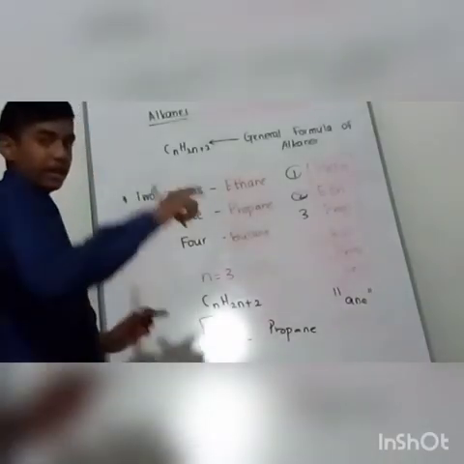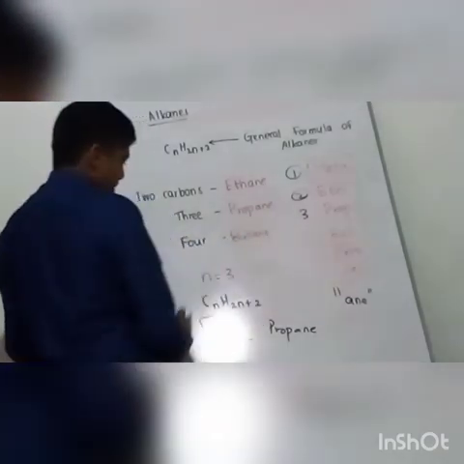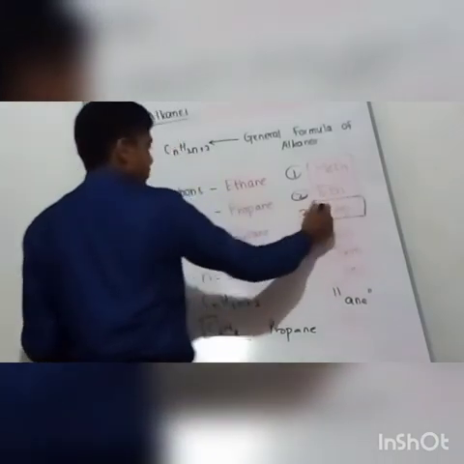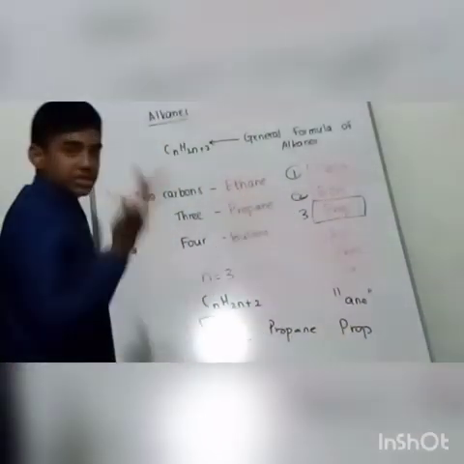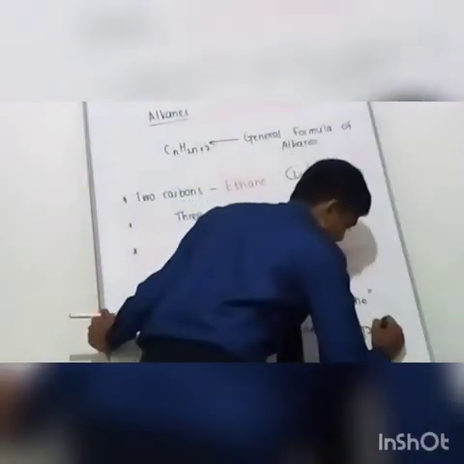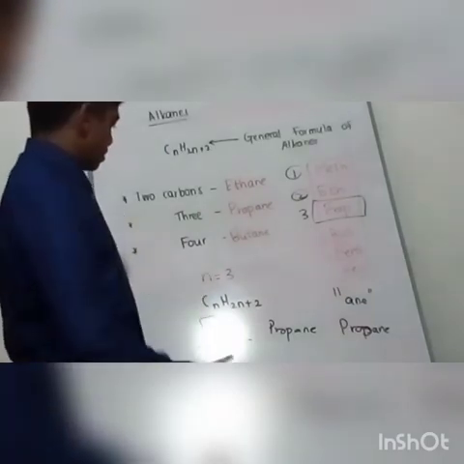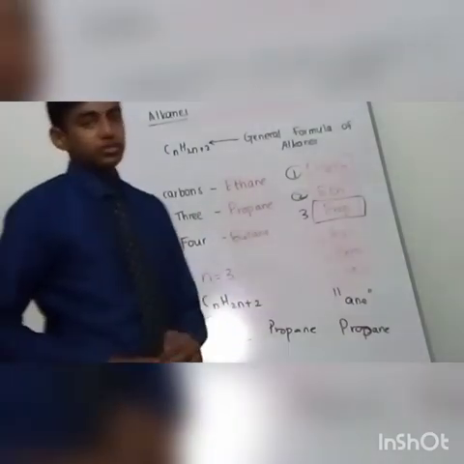In this one we know there are 3 carbons, so it's prop, and the suffix we know is ane. So we write propane. This is how you name an alkane or an alkene. You count the number of carbons and you put the respective suffix for it.